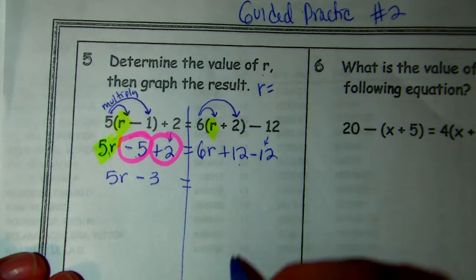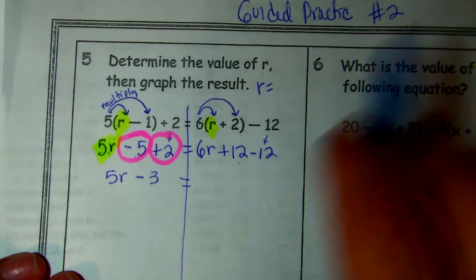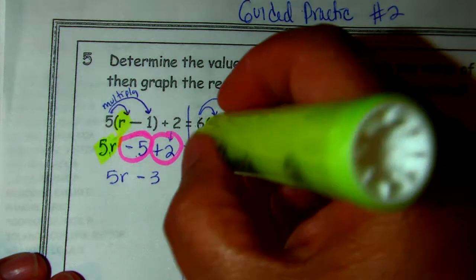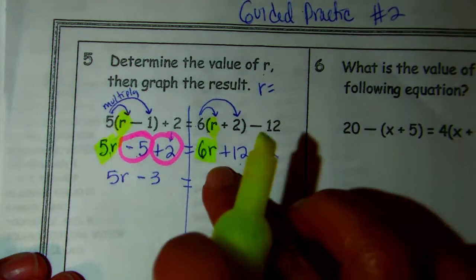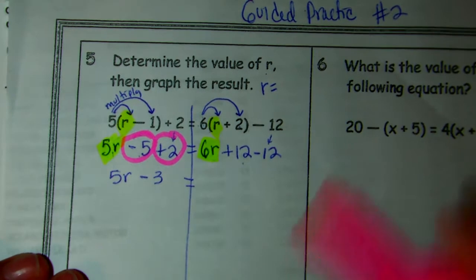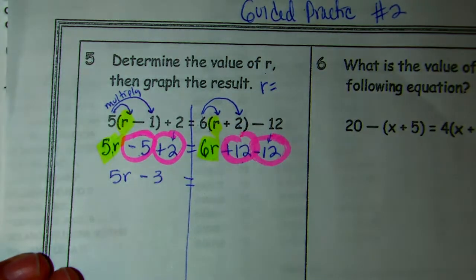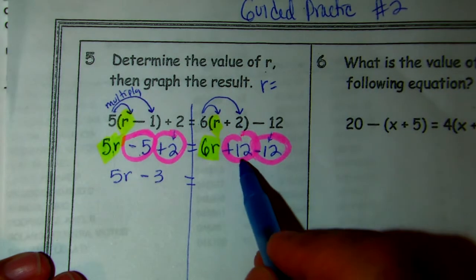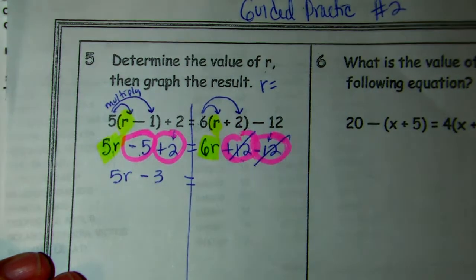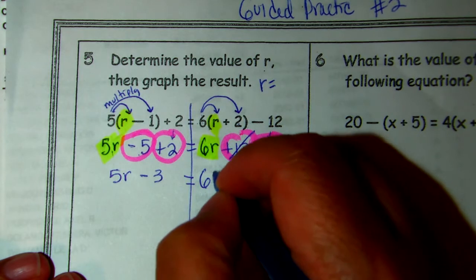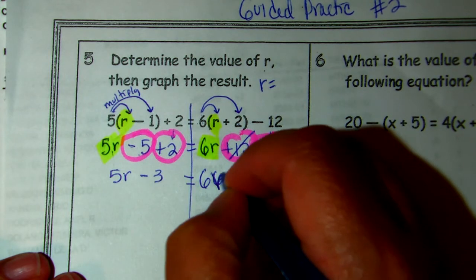Bring down the equal. Over here, what can we combine? Can we combine the 6R with something else? No. And then the numbers, you have plus 12 minus 12. What happens with these two? They cancel out. So just bring down the 6R.